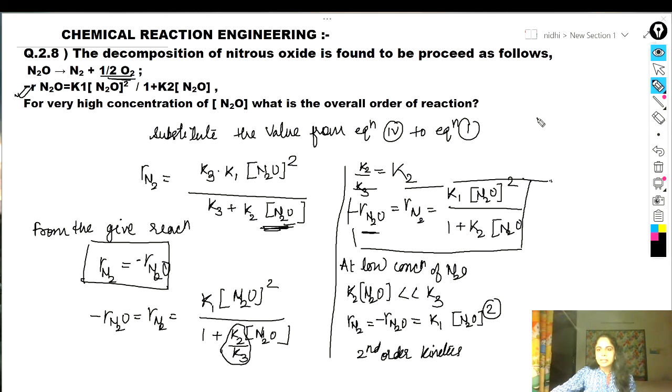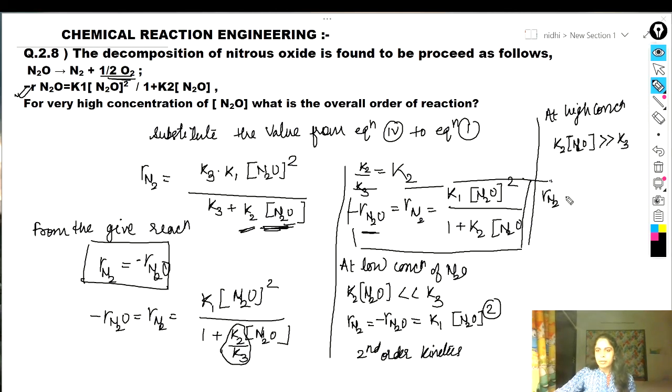And the second case is at high concentration, right? So in this relation at high concentration, K2 N2O is higher than K3, right?